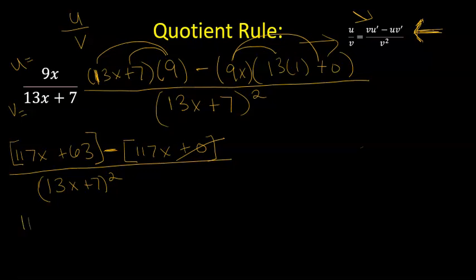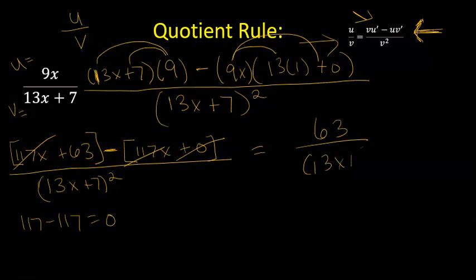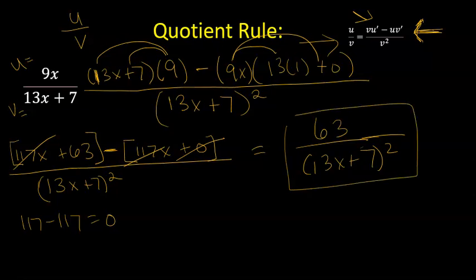Well, I have 117 minus 117, so what does that give me? If I subtract 117 by 117, it gives me 0. So I can get rid of that because 117 minus 117 is 0. So now I have 63 over (13x plus 7) squared, right? This is my final answer.